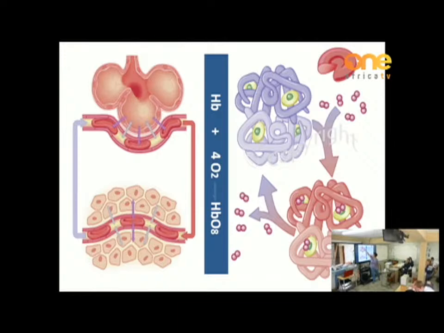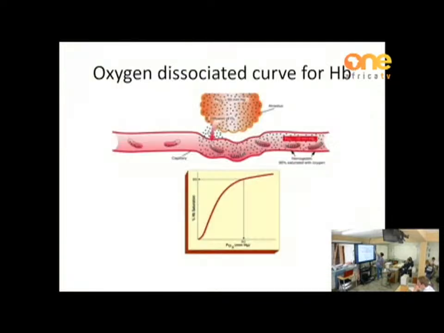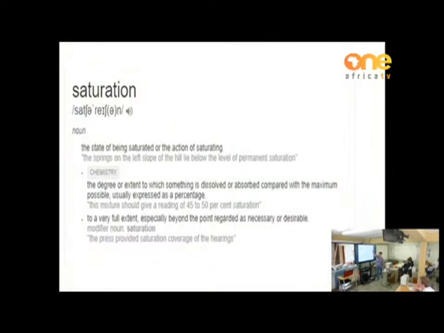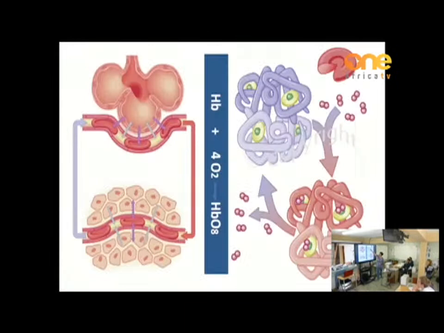When I have a high pressure, it means that the reaction between the hemoglobin, and this is a picture of hemoglobin, is a globular protein.